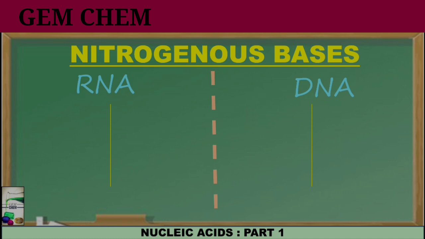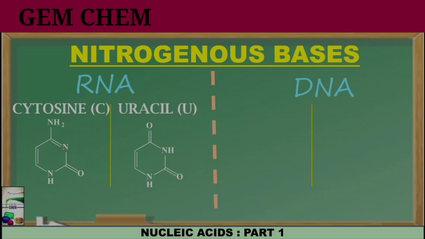Now, when we talk about another category, that is pyrimidine bases, in case of RNA we have cytosine and we have uracil. These 2 are our pyrimidine bases in case of RNA. But for DNA, uracil changes and there is a CH3 connected to this carbon, and this is our thymine. Cytosine remains as it is.